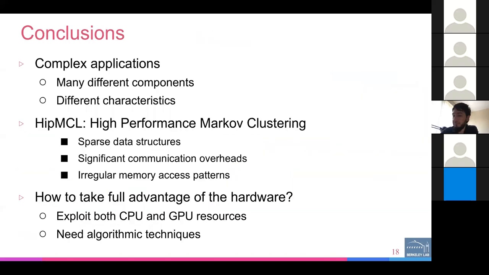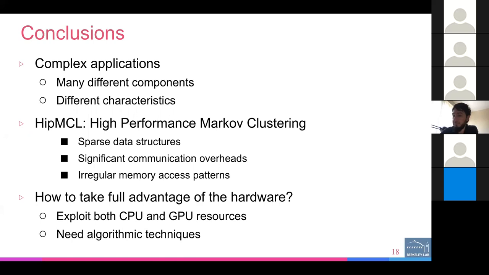As my conclusions, applications are complex and they consist of several different components, and these different components can have different characteristics. We have investigated such an application, the Markov clustering, which contains sparse data structures with significant communication overheads and a lot of irregular memory accesses.